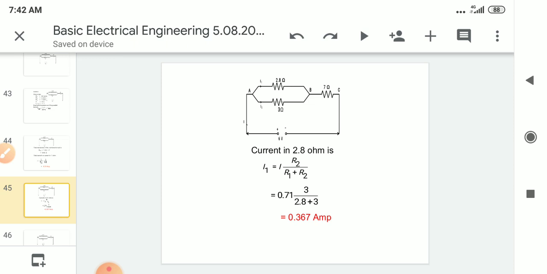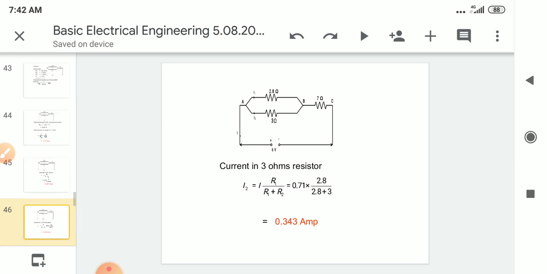So I1 is I into opposite resistance by sum of the resistances. Like that, I2 is equal to total current into opposite resistance by total resistance. By using these two, we are able to find the I1 and I2 values of currents in individual branches. This is an application of our current division rule.